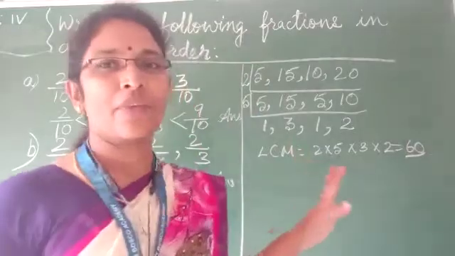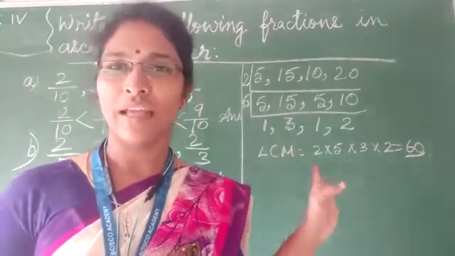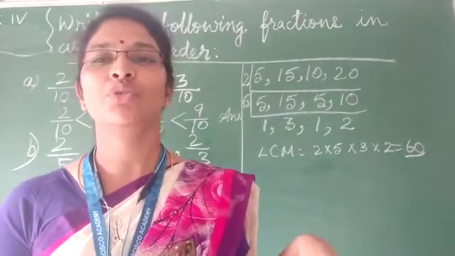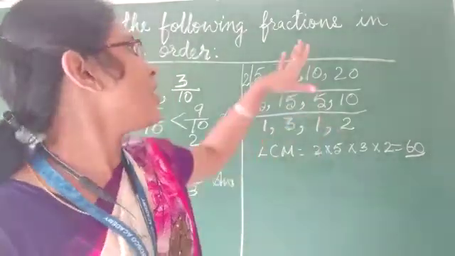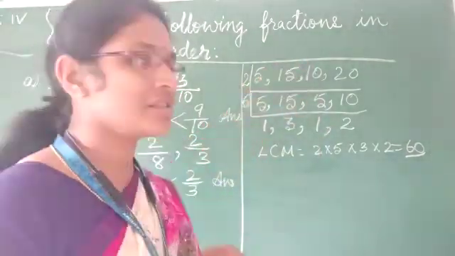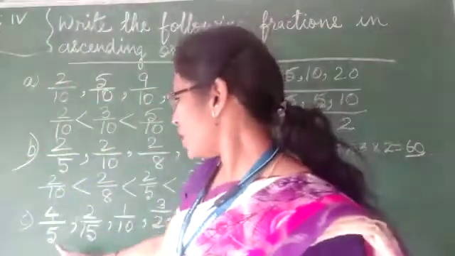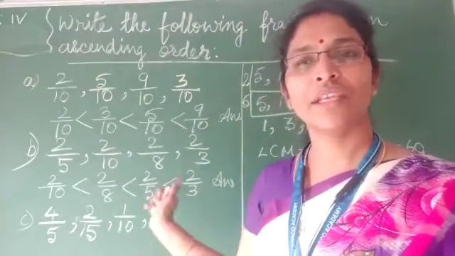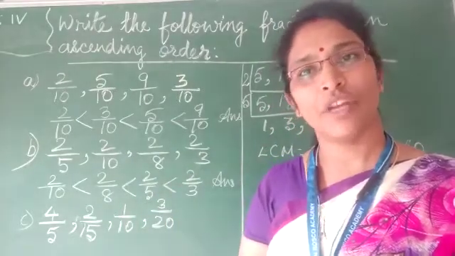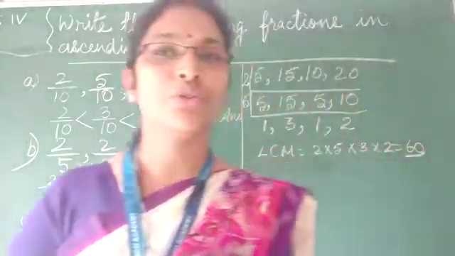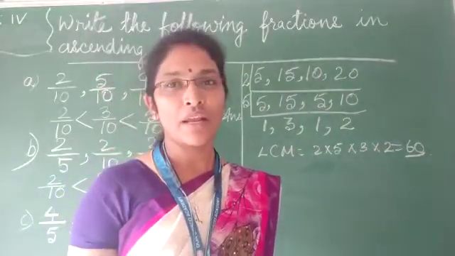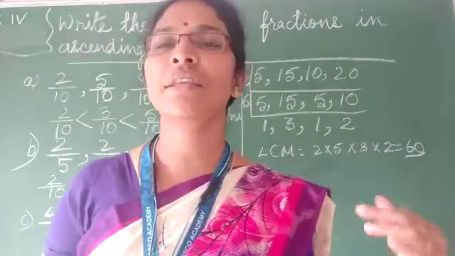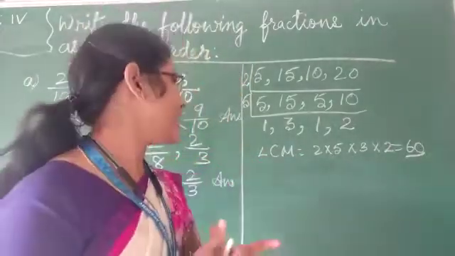The first step we have done, that is, find the LCM of the denominators. Now what we are going to do is change all the given fractions into fractions having 60 as the denominator. So we are going to find equivalent fractions for the given fractions having 60 as the denominator.